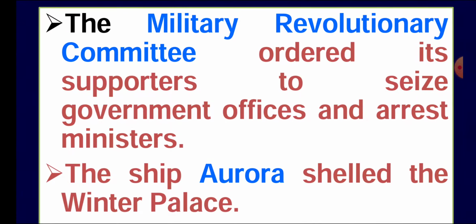Again there was a protest or revolution for changing the order of this provisional government into a socialist government. A ship, Aurora, the name of the ship, sailed towards the Winter Palace, and other vessels also sailed down the Neva and took over various military points.